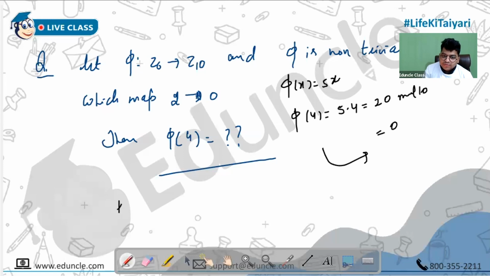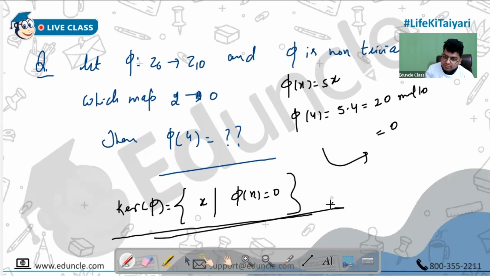Somebody also asked what is the kernel of phi? Kernel of phi is all those x, so that phi of x is equal to 0. So this kind of question they can ask in the exam. Am I clear? Yes, चलिए. इस तरीके का क्वेश्चन आप कर सकते हो कि भाई ये homomorphism है नहीं है, which of the following is a homomorphism, which of the following is not a homomorphism.